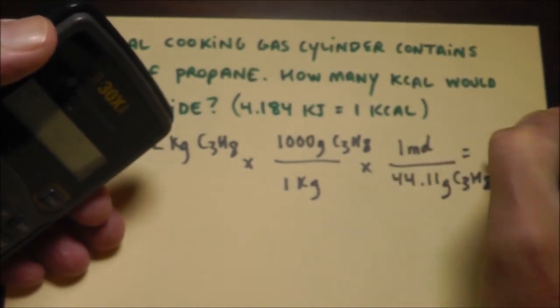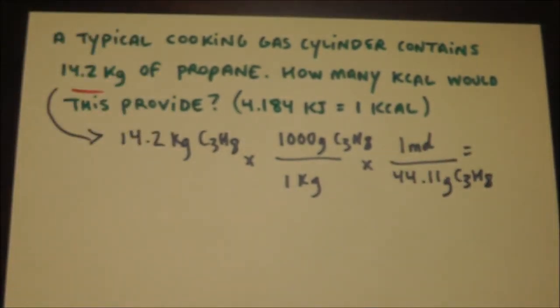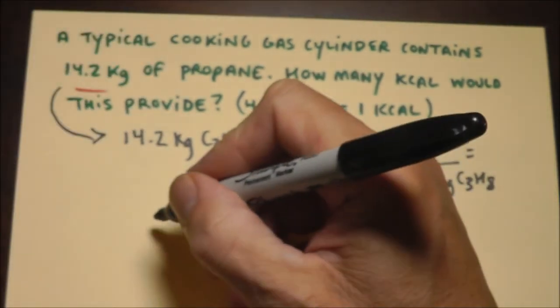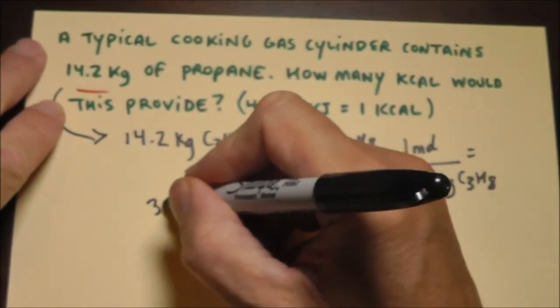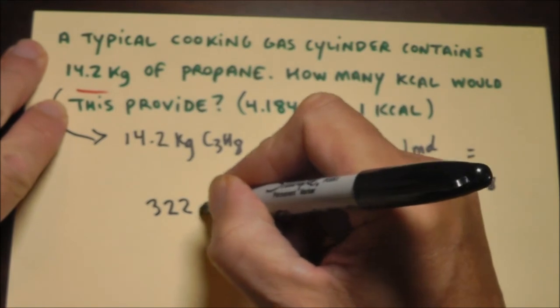So now all we've done is find out how many moles we've got so far. So 14,200, I'll just do the first step, divided by 44.11 grams per mole. This is 300 and, let's just call it 322 moles. I rounded to 3 digits.